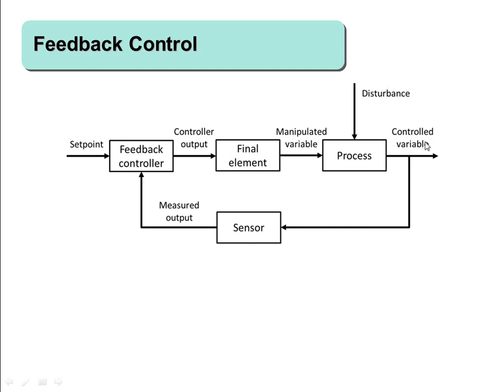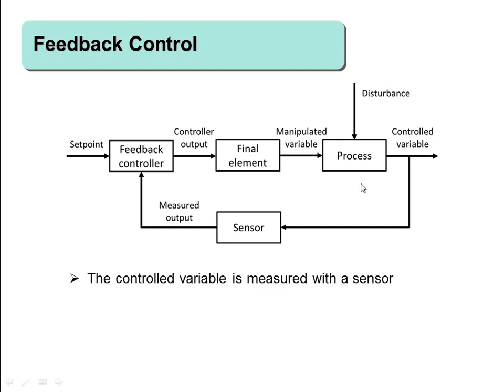We are measuring something, the controlled variable, with a sensor. We send that information to the feedback controller, compare it with the set point, and then the feedback controller decides the controller output that acts over the final element, and the final element changes the value of the manipulated variable that modifies the controlled variable of the process.